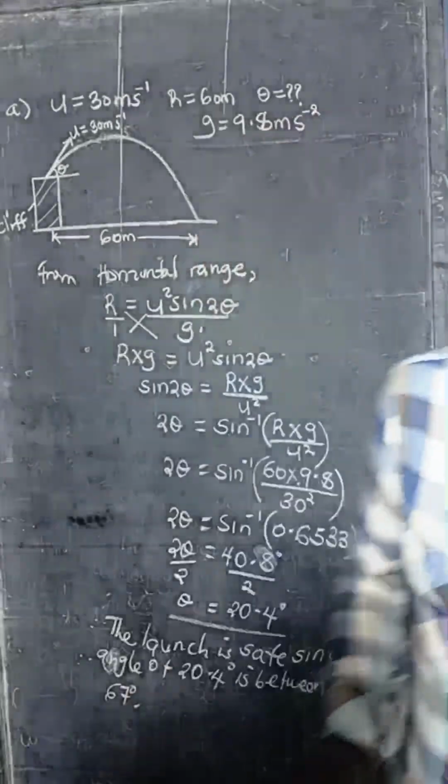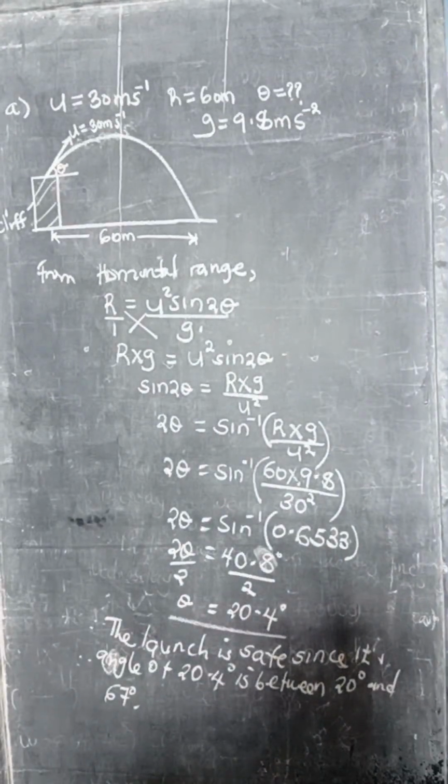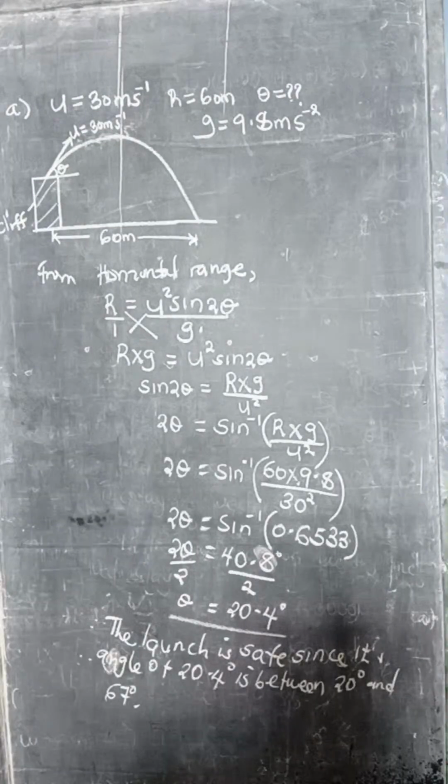So that's the best in my projectile. I told you before that with a projectile you have to consider many things. Not all equations can be used for every projectile question. You have to look at what is given first before you answer a projectile question.